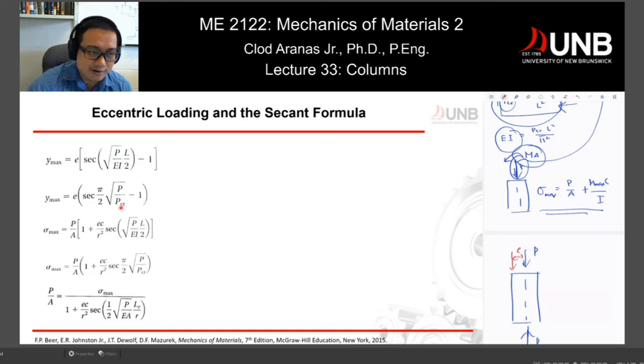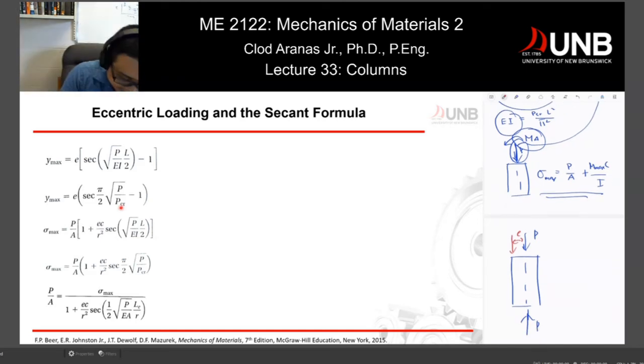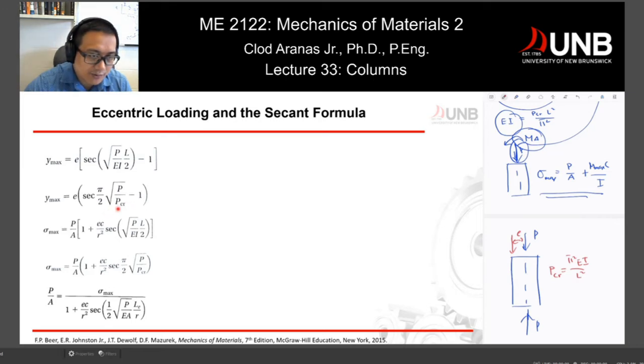So what's P and PCR? So your PCR is just your regular Euler formula, pi squared EI over L squared, assuming that everything is applied along the center of the line. So this PCR right here is your PCR if it's a centric load. So sorry, if it's a centric load, not eccentric but centric load.